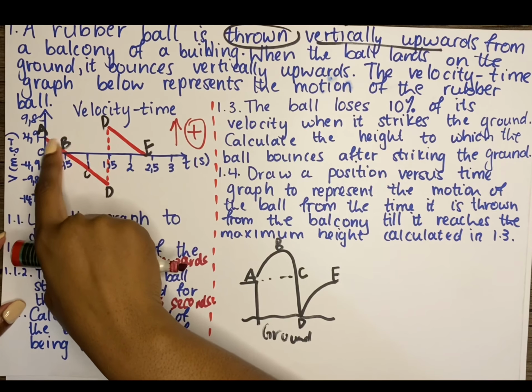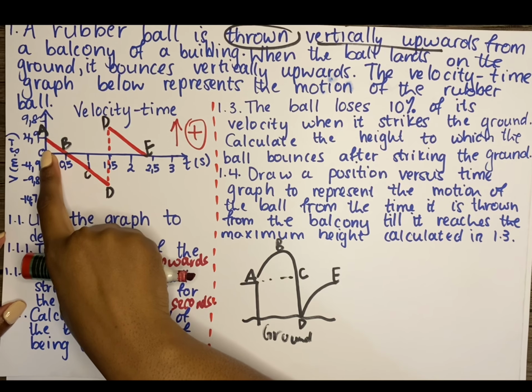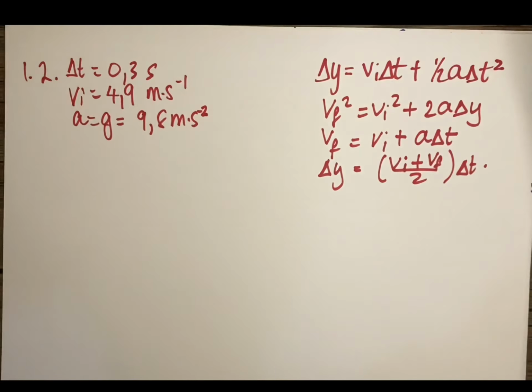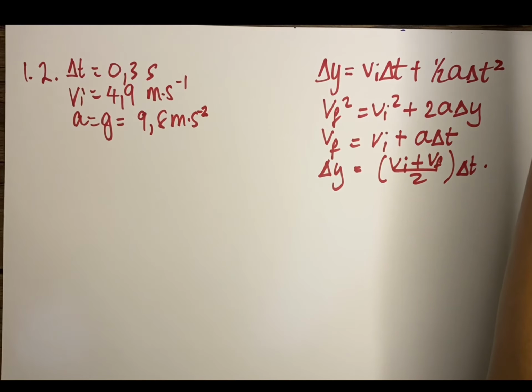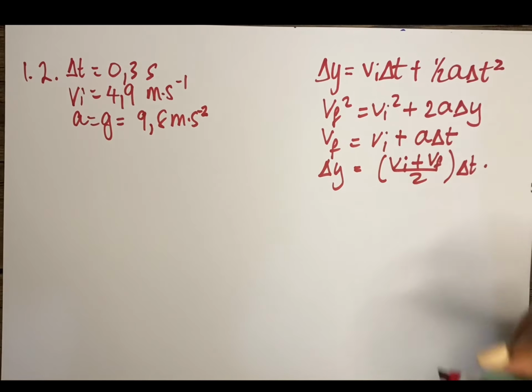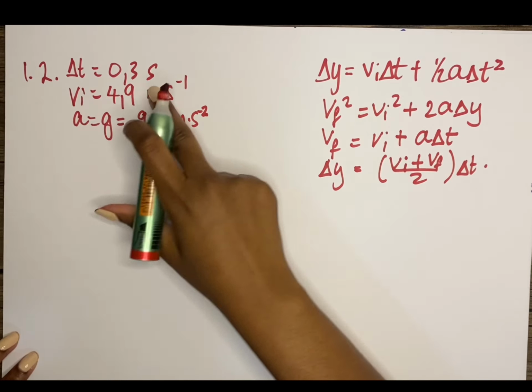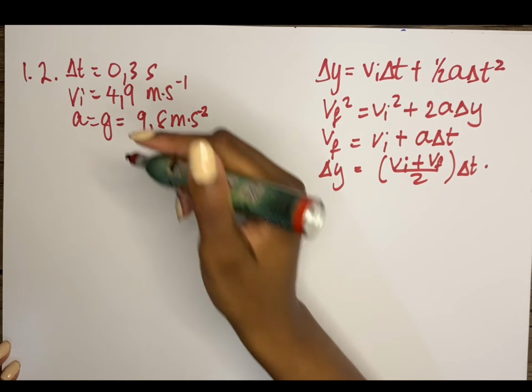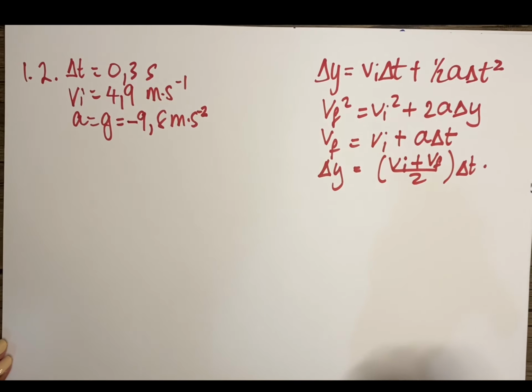So the initial velocity is in the positive direction, which means down is going to be negative, right? So if you're now using your equations of motion, then you have to take into consideration your positive and negative directions. So it means if up is positive, then your gravitational acceleration is going to be negative, right?